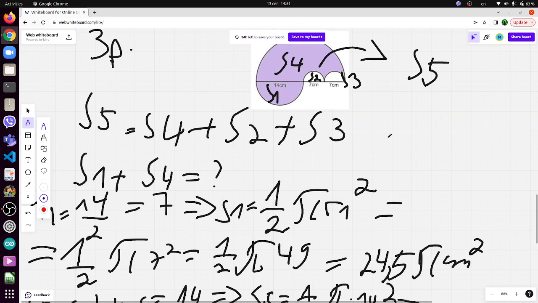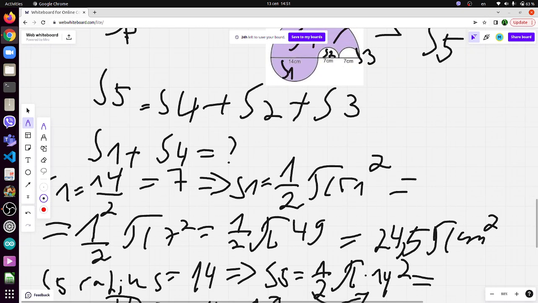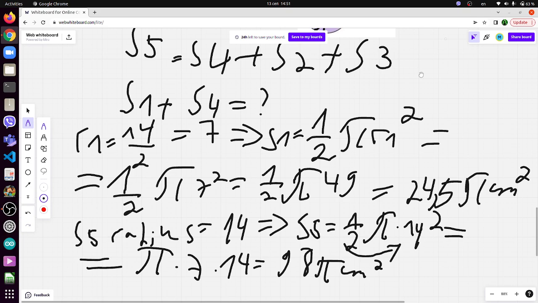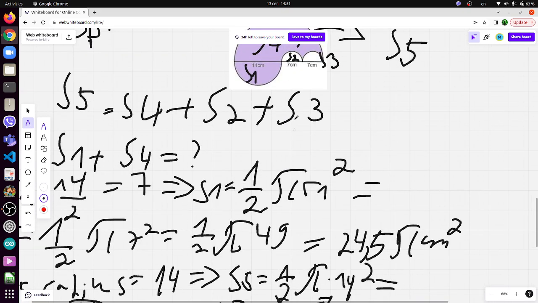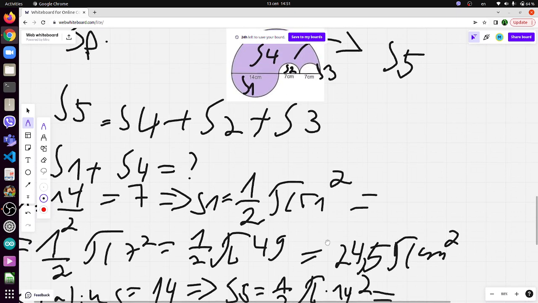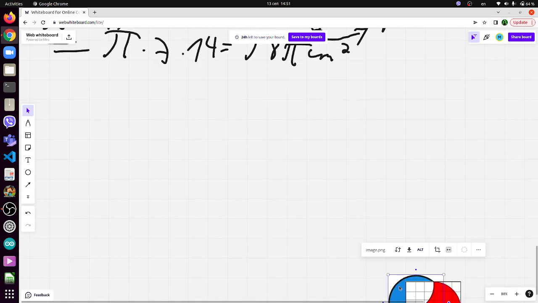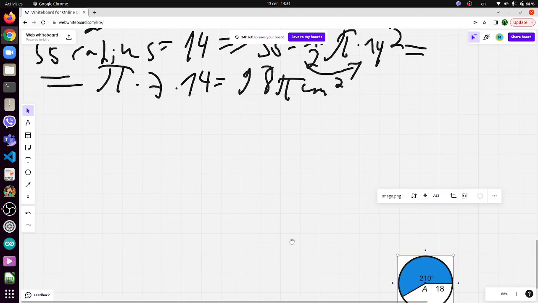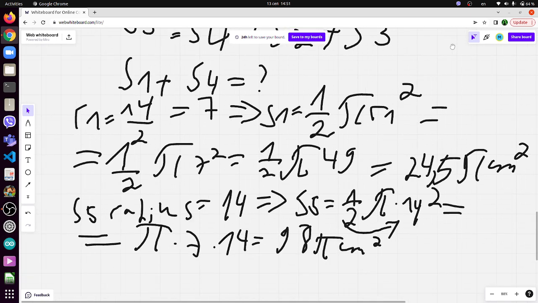So we want S4. We can see that S2 plus S3 is a full circle, because each of them is a half circle with the same diameter. So it's a full circle with diameter 7. S5 is 98 pi.